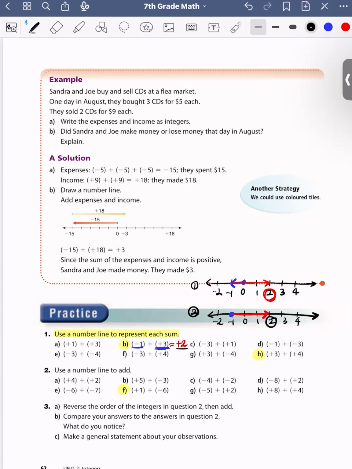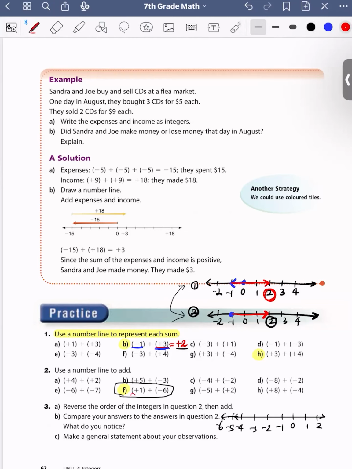Can you try solving F right here using both methods? While you're solving it, let me just draw a number line so that I can explain it. So the first option is you start from 0, right?